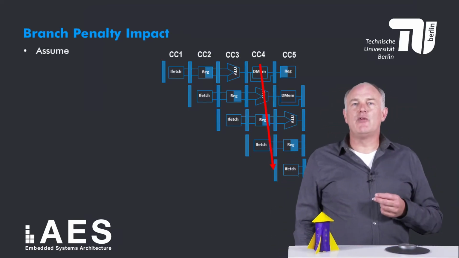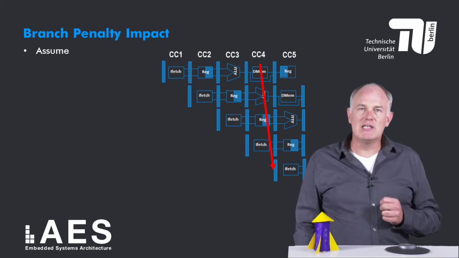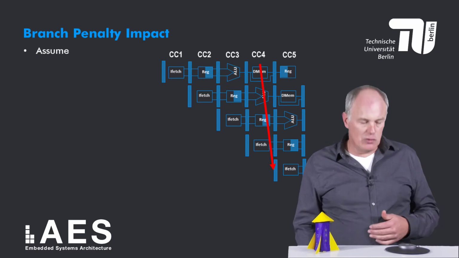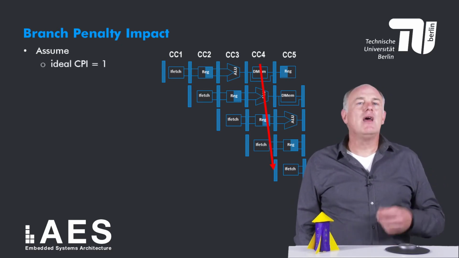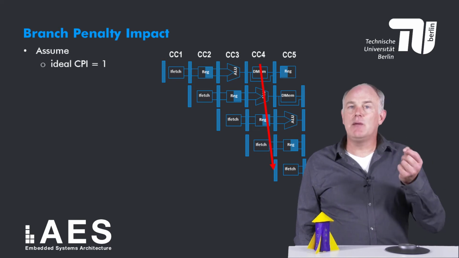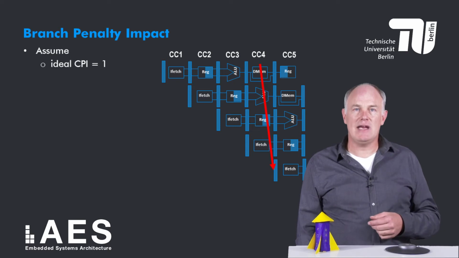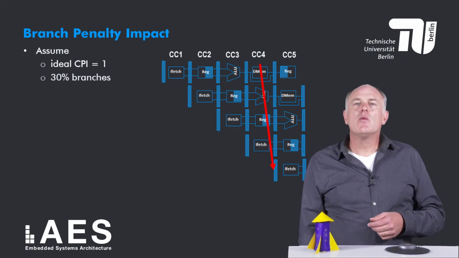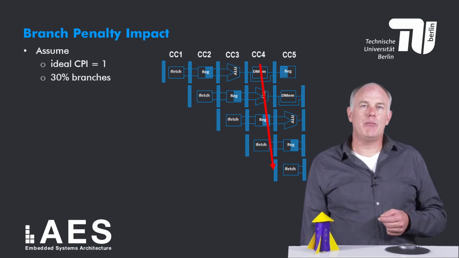Let's evaluate the performance impact of a 3-cycle penalty on taken branches in more detail. Let's assume the ideal or perfect CPI equals 1. Ideal CPI means the CPI in the absence of control hazards and in the absence of data hazards. We also assume that 30% of all executed instructions are branches.